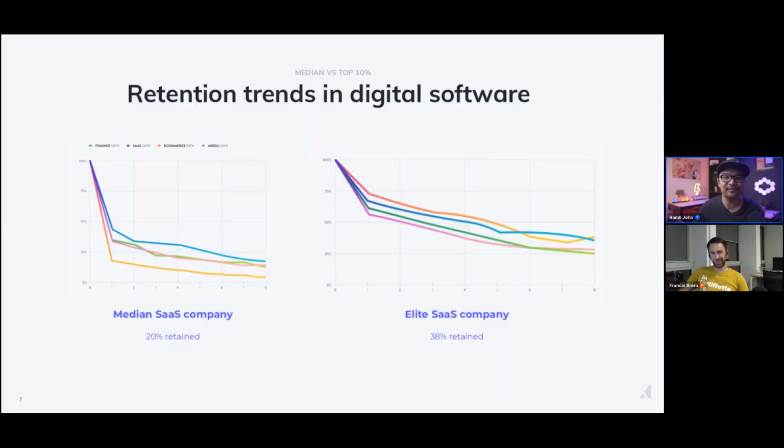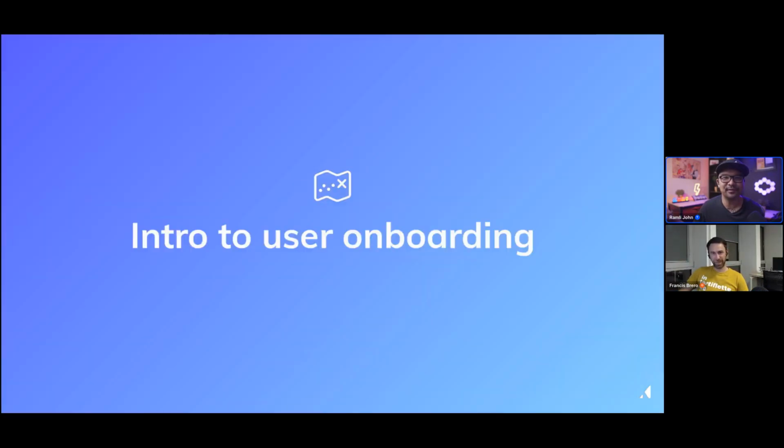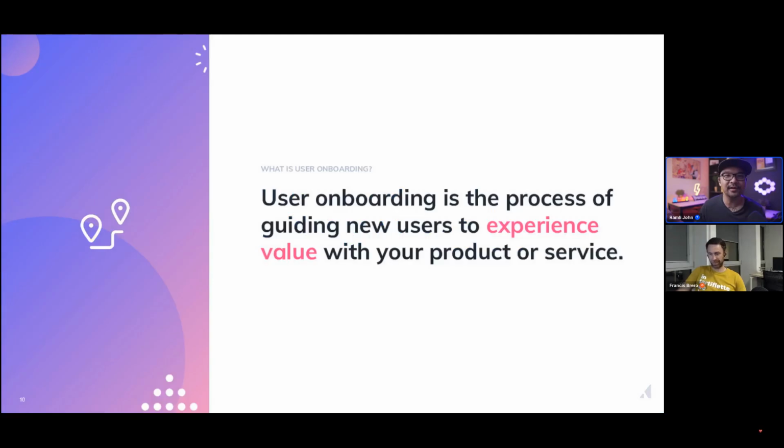That's a good context. Thank you for queuing me up, Francis, about the importance of onboarding. I think when we talk about onboarding, many people have different definitions. So let me just lay the foundation of what it is and why it's important. When we think about onboarding, it's not the product tours. Surprise, surprise. It's not the checklist. When people think about onboarding, that's usually what people say. And I've heard comments like, I don't need onboarding for my product.